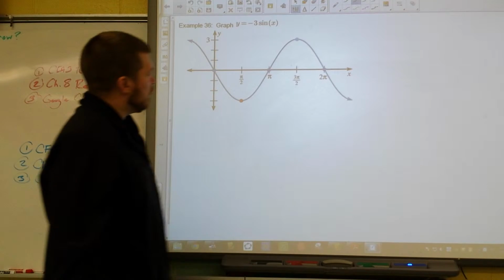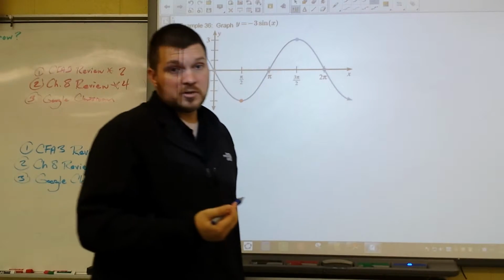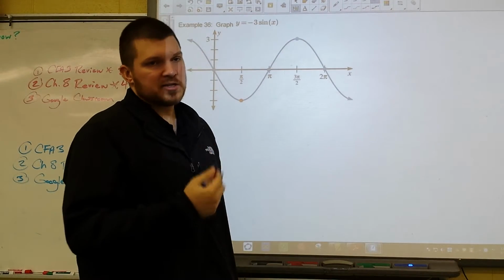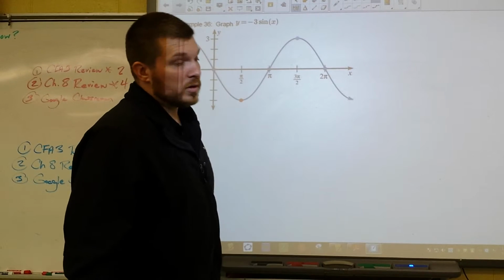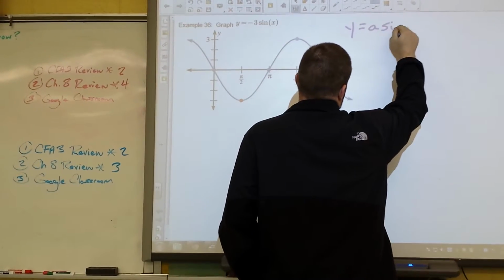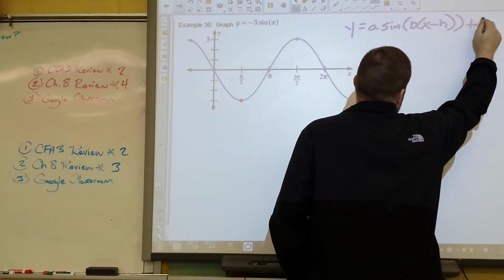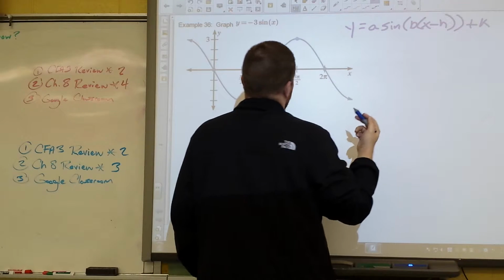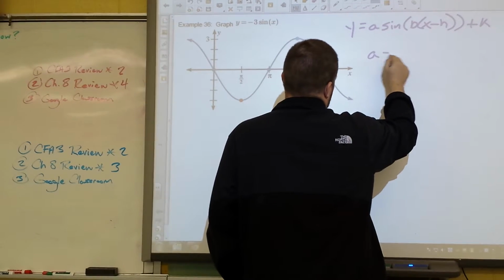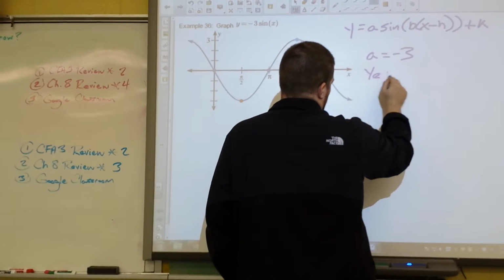Example 36, we got -3 times the sine of x. Looks pretty innocent, but I'm going to still start off with my parent function, list out what's supposed to be there, and then compare it to what's actually drawn. So y equals a times the sine of b(x minus h), plus k. The number in front of sine is a equals -3. Since it's negative, that means there's yes a reflection.